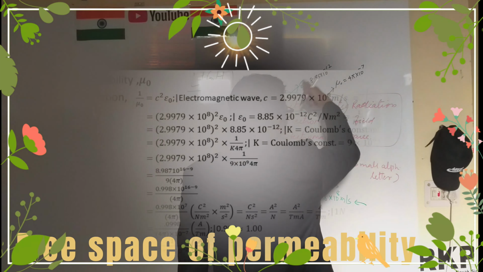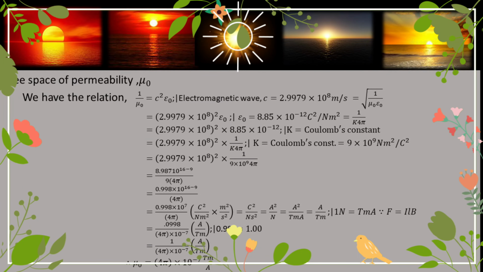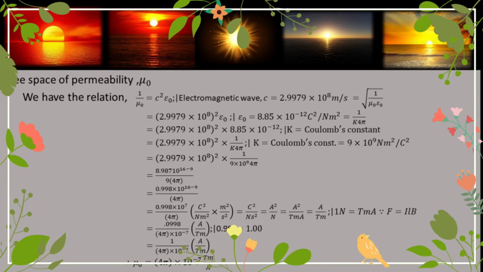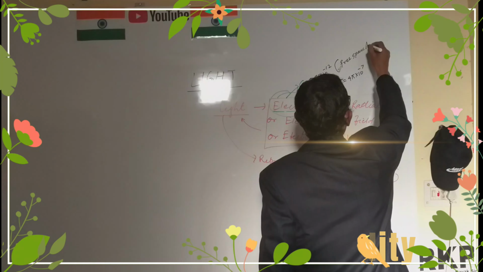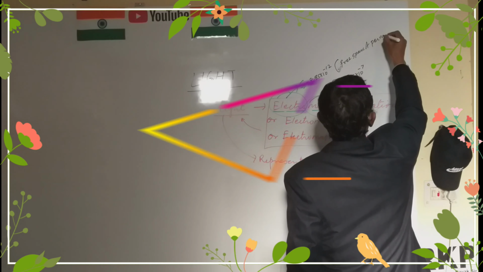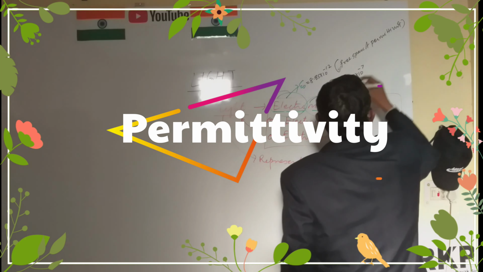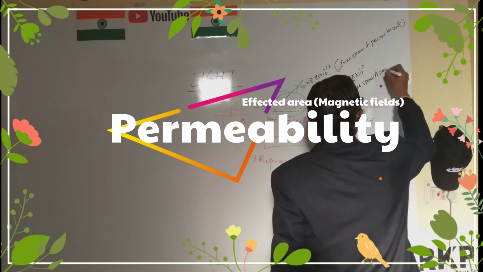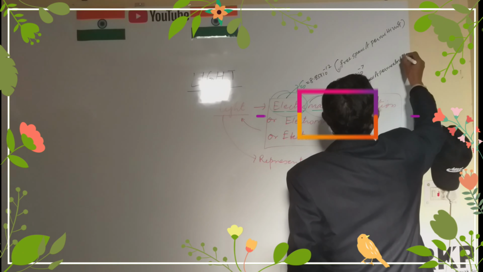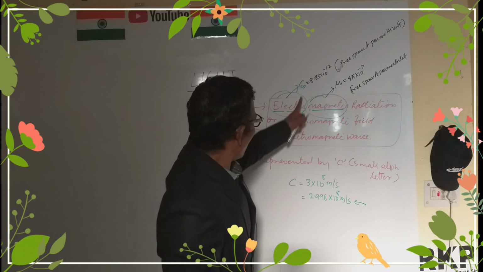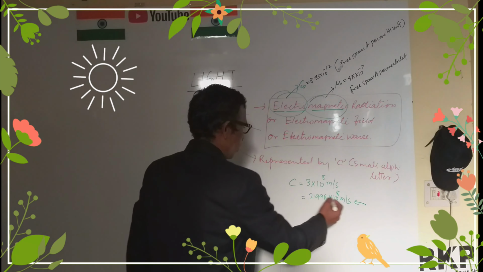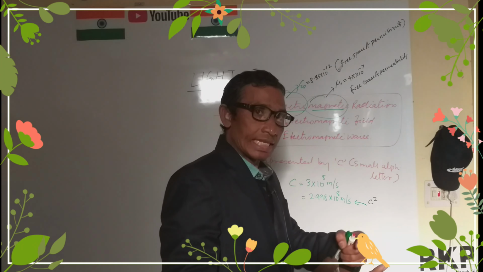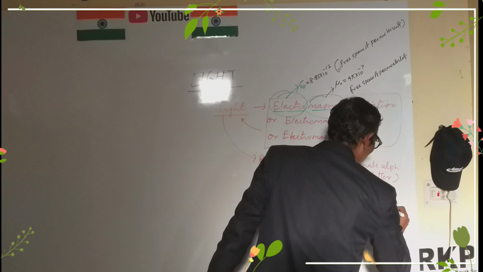It is the combination of the permittivity of free space and the permeability of free space. The combination of these gives c, and c square is 1 upon mu naught epsilon naught.